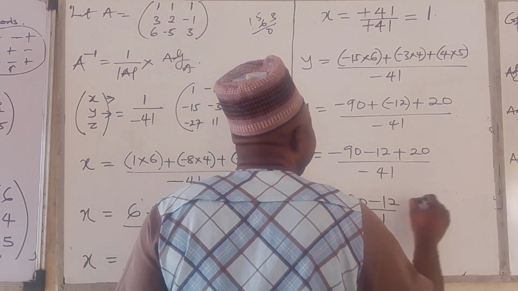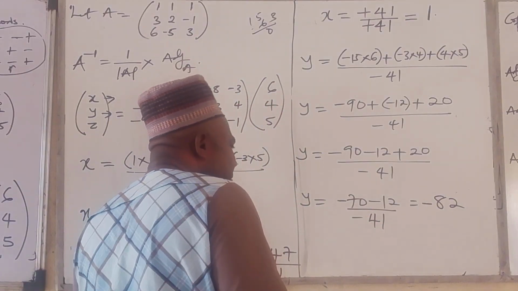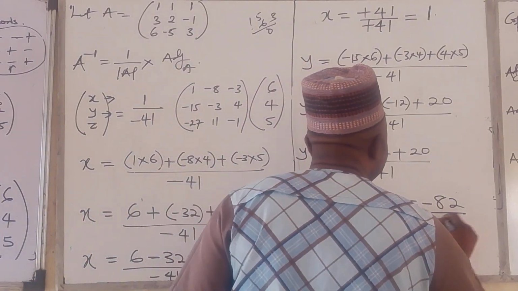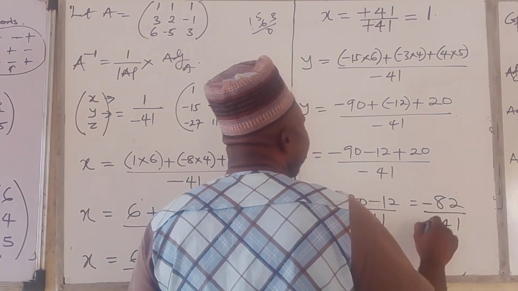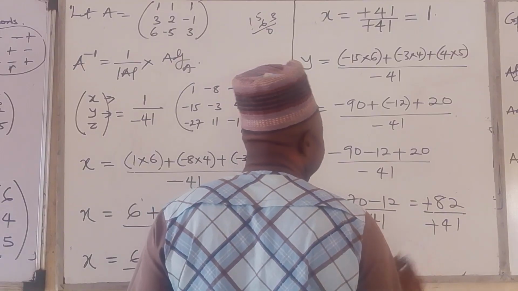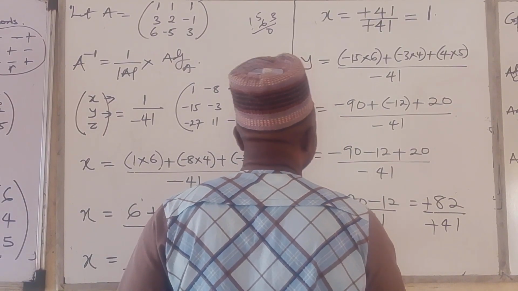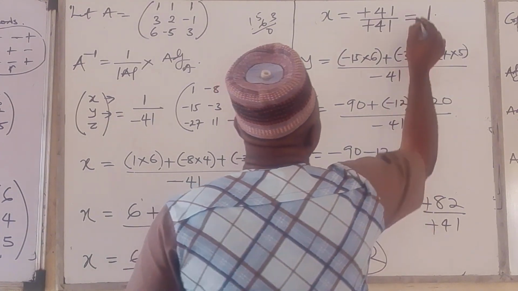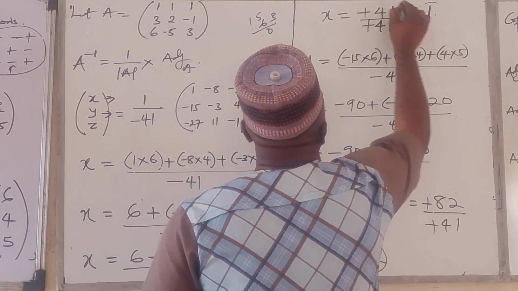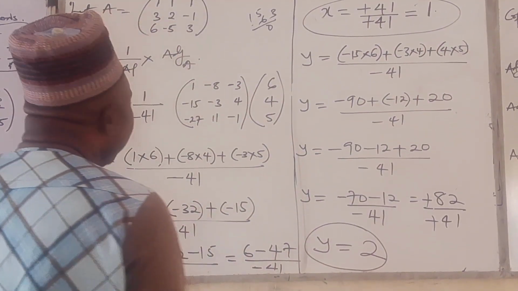So that will give us minus 82, because minus 70 minus 12 is minus 82 all over minus 41. So minus minus will change to plus. So the value of y will be equal to 82 divided by 41 is 2. Now let's take note of those values. Now y is 2, and here we got the value of our x to be 1. So now let's see the value of z.